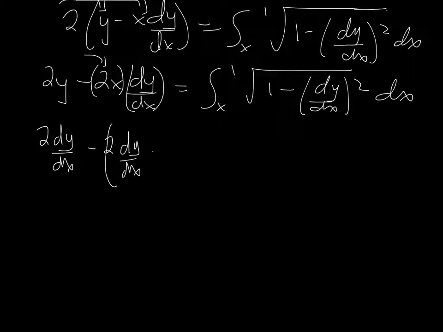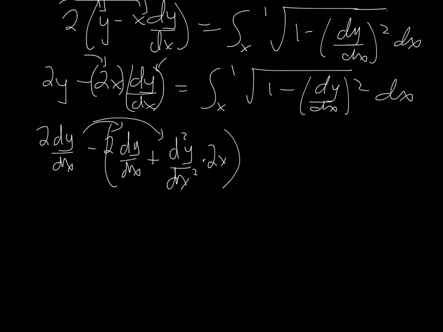And then I would add the derivative of the second term. The derivative of a derivative is the second derivative, d squared y dx squared, and that's multiplied by the first term, which is the 2x. I put brackets around that because this negative has to be distributed into the bracket in a minute, so that's going to change the sign there.